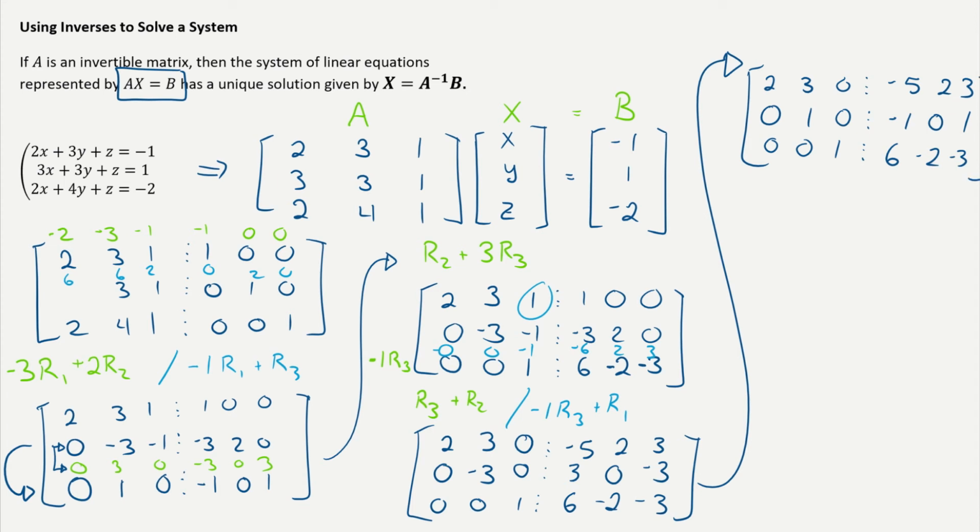Okay, we're almost there. Now, I need to use this to eliminate that. So we're temporarily going to multiply row 2 by negative 3 again, and then add it to row 1. So I get 0, negative 3, 0, 3, 0, negative 3. And let's add it together.